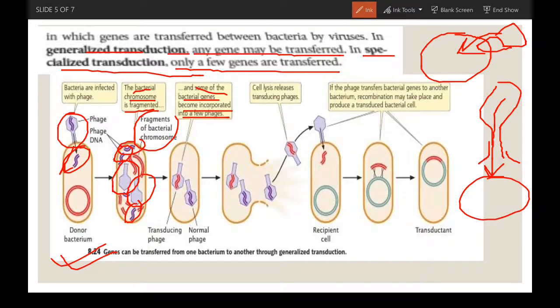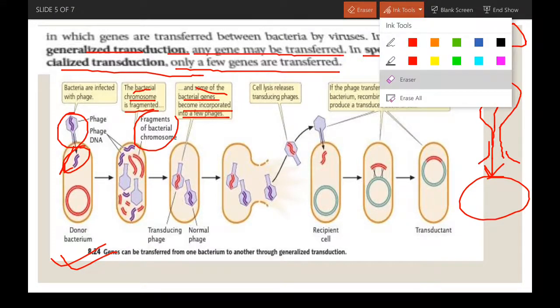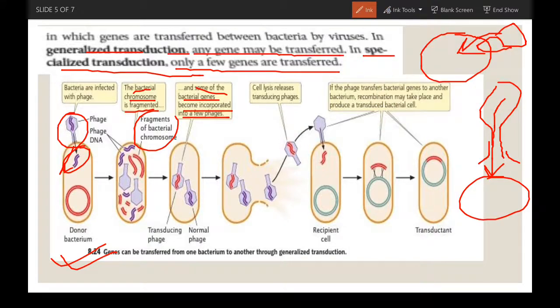Here we can see the bacterial chromosome fragments, and these are the phage DNA, the purple colored ones.